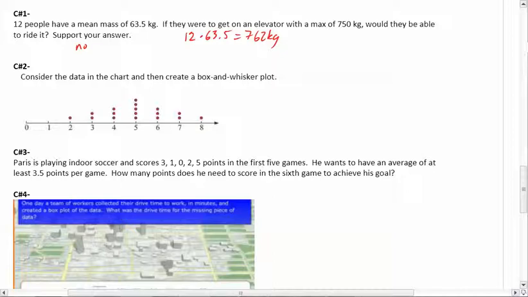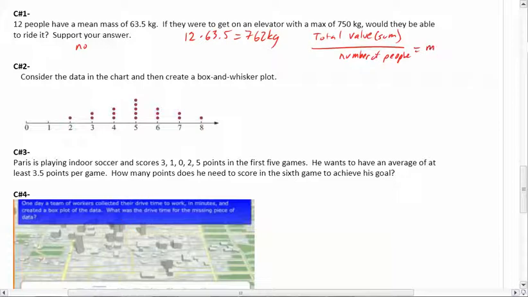Okay, now that was just using the understanding that the mean is the average. And so if I have 12 people with that average, I can just multiply it by 12, and that would give me the total. Remember, to get the mean, you add up all of the values, or the sum, and then you divide it by the number of people, or whatever it is.